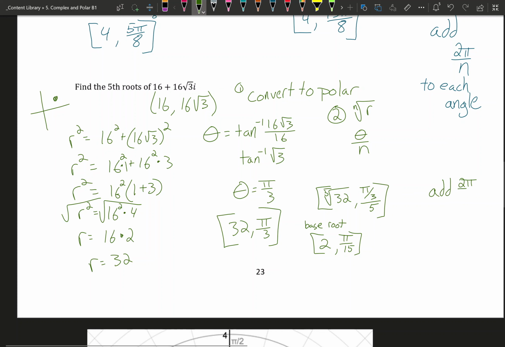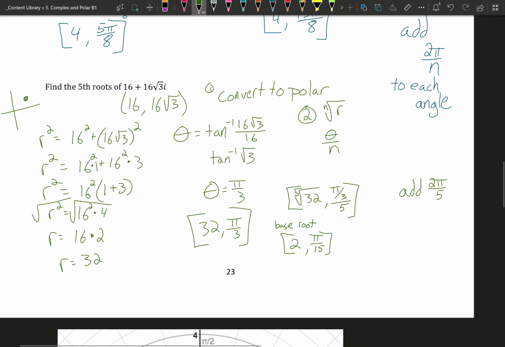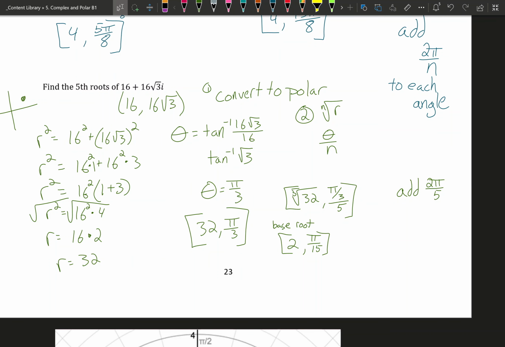We had 2 pi divided by n, which is 5. But to make life easy here, let's get this to have a common denominator with our base root. So we multiply the numerator and denominator by 3. So we have 6/15 pi. We're going to have 5 roots. We have 5 fifth roots, just like we'd have 6 sixth roots, 7 seventh roots, and so on. Each angle, we just need to add 6/15 pi to.